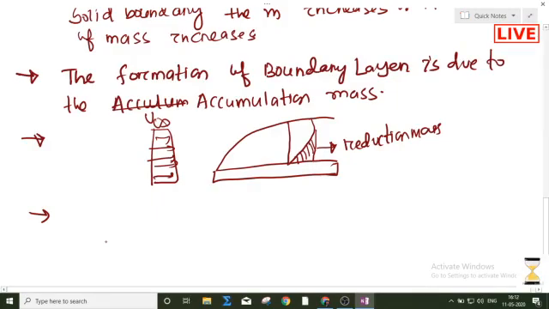So in order to compensate the reduction in mass, the amount of distance displaced by the plate in the perpendicular direction is known as the displacement thickness. First of all, understand that, then I will go to the proper definition.